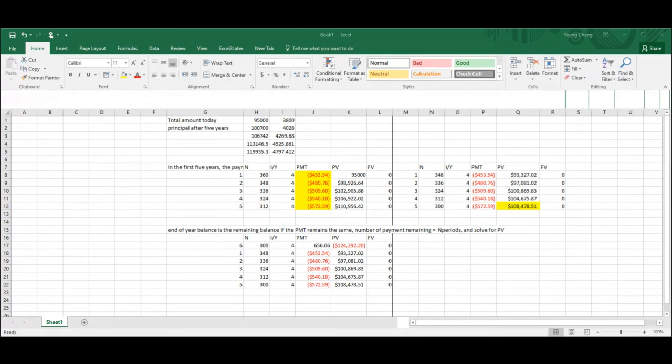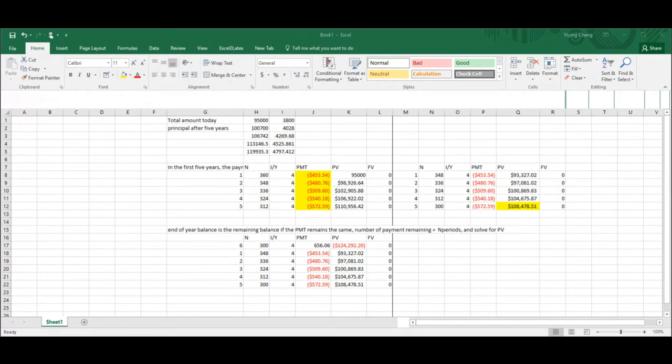So here in the first year, the outstanding balance is 95,000 and there are 360 payments remaining in the following 30 years. Although we are looking at this first year's situation, we act as if the following years will not have any change and count all the payments in there. That's why you put 360, that is 12 payments per year for 30 years.